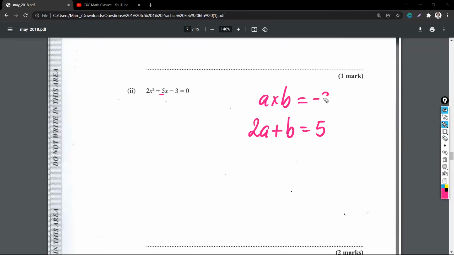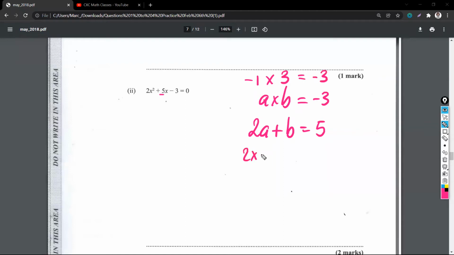All right. Okay, so which numbers are going to multiply and give me -3? I'm going to use -1 times +3. So -1 times +3 is going to give me -3.